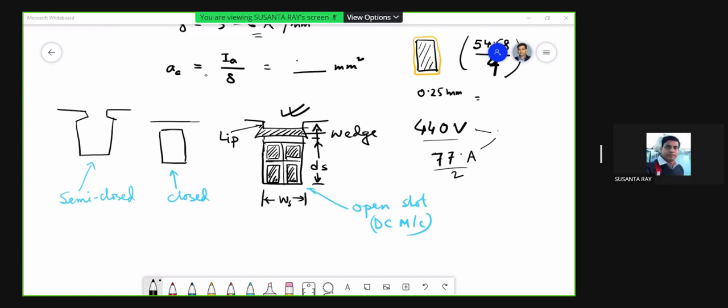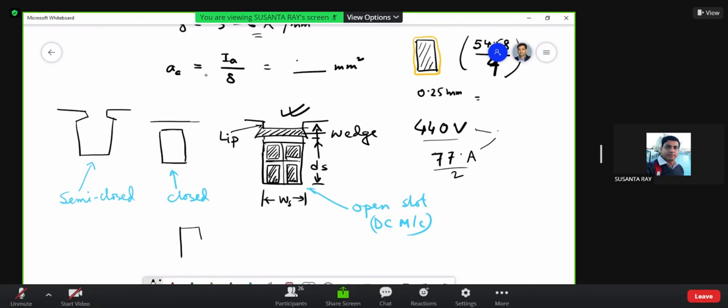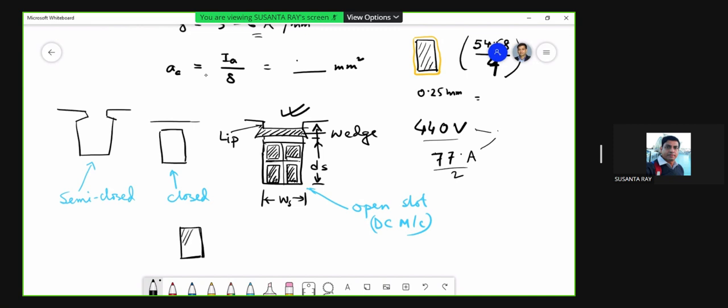Now on all sides you have to take 0.25 mm covering. The bare conductor you got, the dimension that you are telling, that is the bare conductor dimension. What is the size in mm square? 20.56. So you can take 3 into 7 mm square.